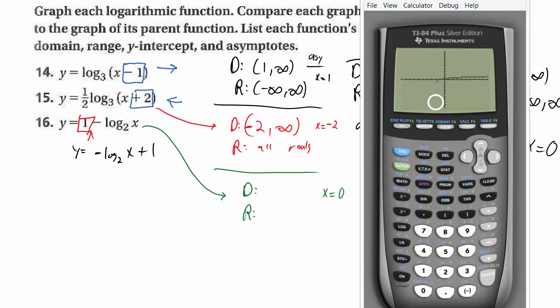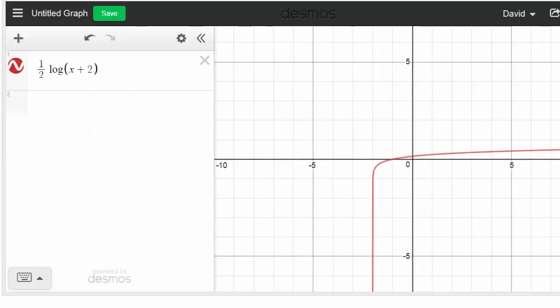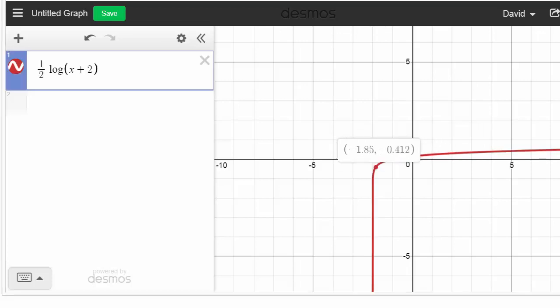So you might not believe that the range of logs is negative infinity to infinity, but if you use other applications to graph, TI-84s are really bad at graphing the negative range of logs. And so I can show you on another graphing application. Notice how the range does go to negative infinity, but not all pieces of technology like to graph what it thinks is a vertical line.